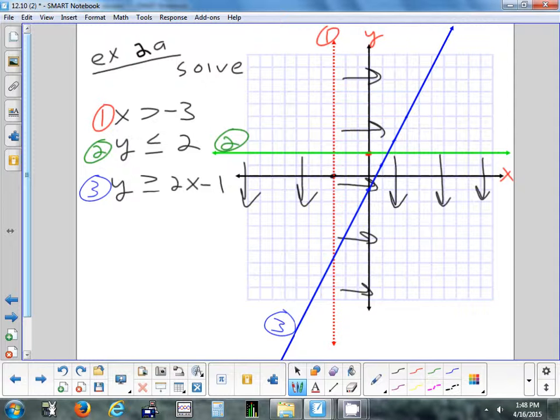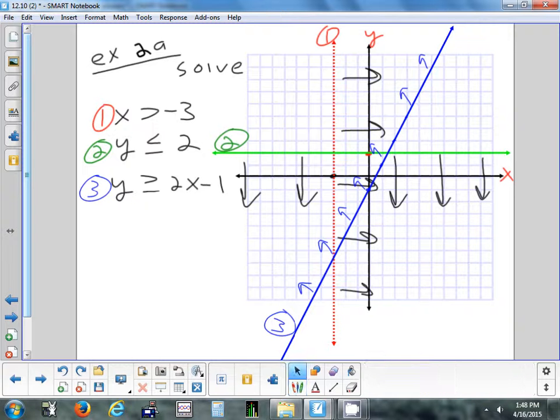Okay. So for that blue line, where are we shading? Above or below? What's the symbol? It's a greater than, so that's above. Okay, so we need to shade above the blue, to the right of the red, and below the green. So what kind of shape did we get? Triangle.